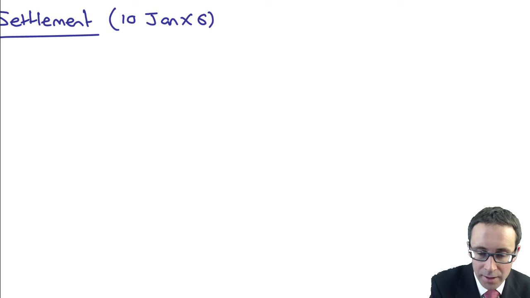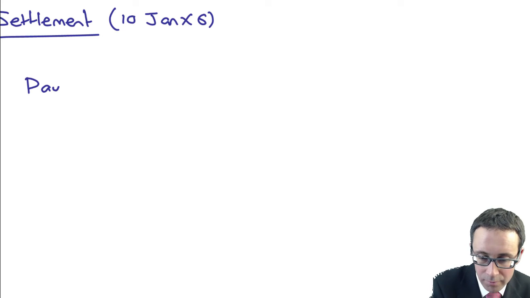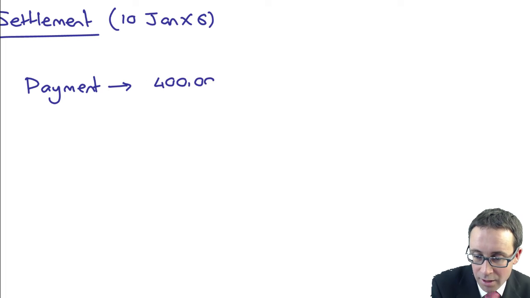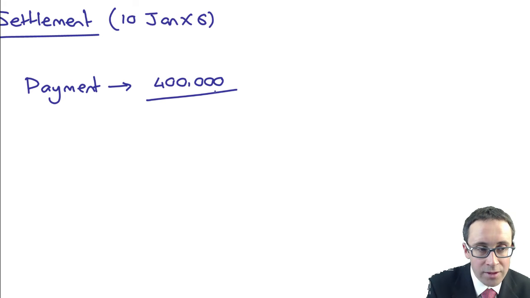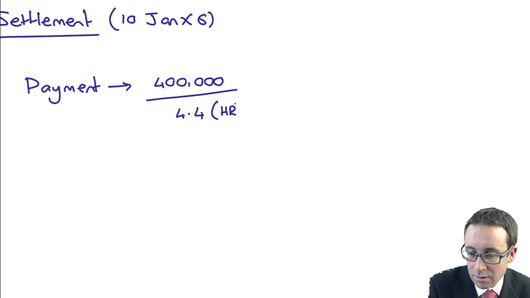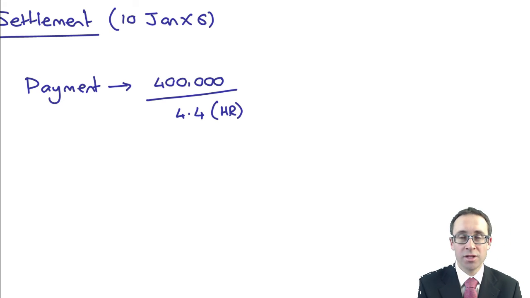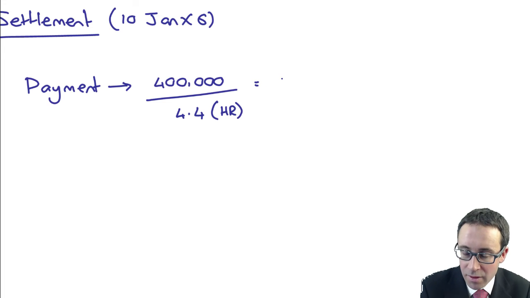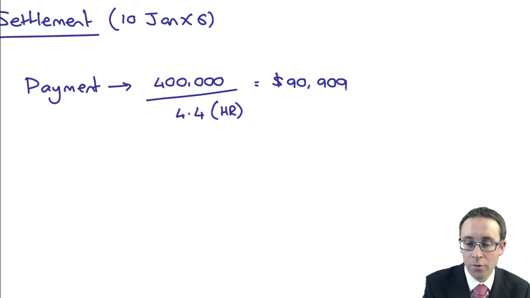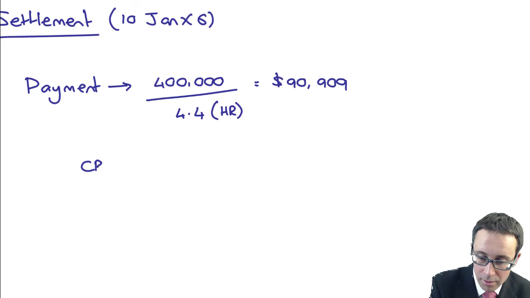So what happens there is that your payment is the 400,000 dinars, isn't it? The rate that's in place on that date, I think, is 4.4, isn't it? That's the rate today. It's referred to as the historic rate. So that gives me 90909? Okay, that's the physical amount of cash that you are going to pay.